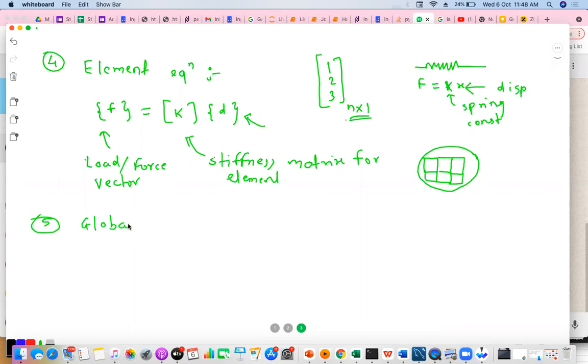This was for the element, and this is called the global equation.